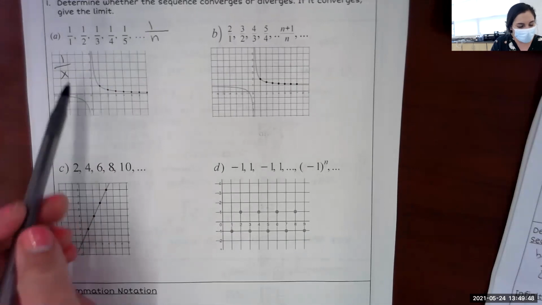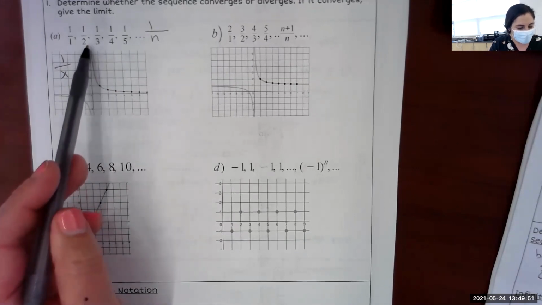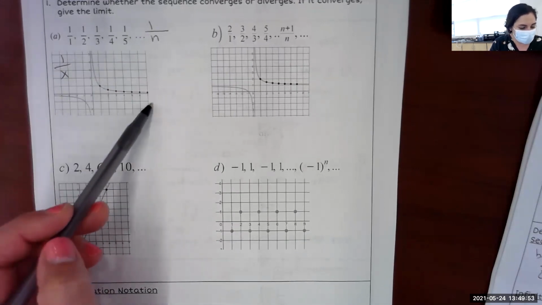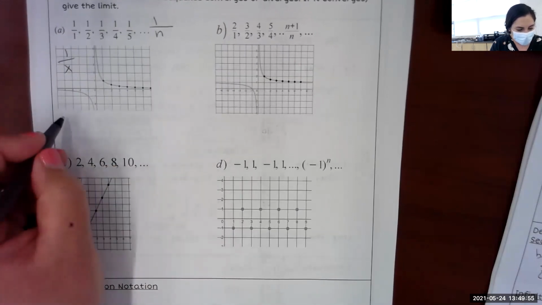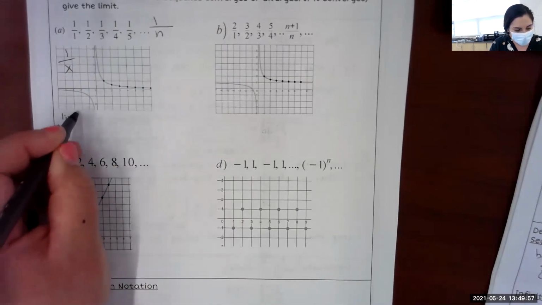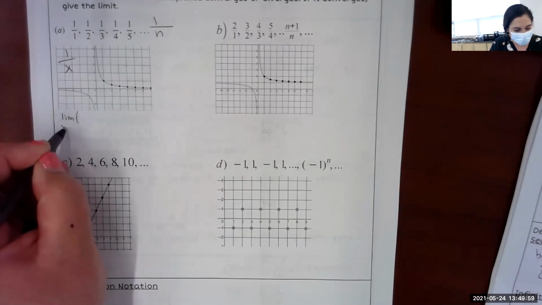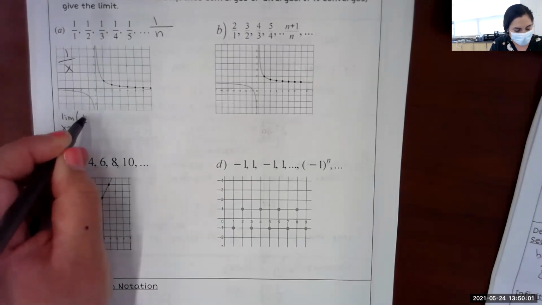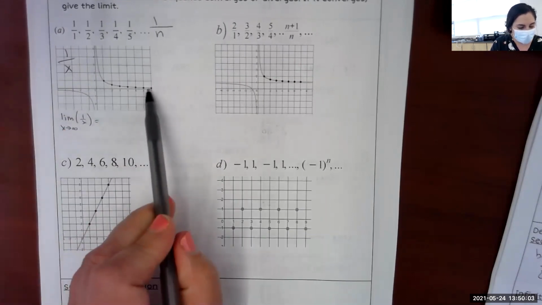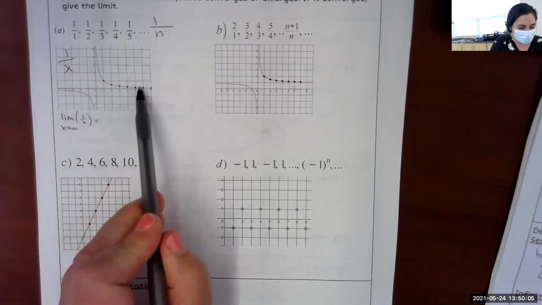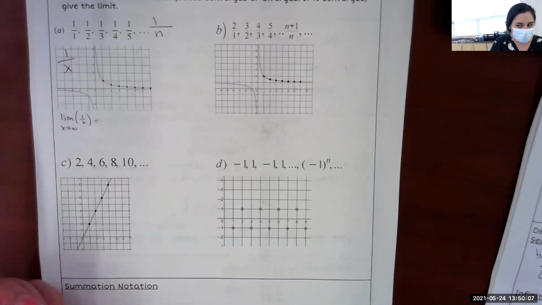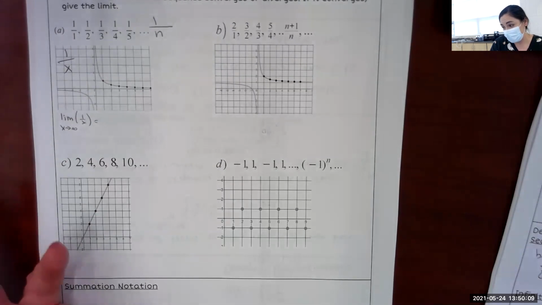Can anyone tell me, as x approaches infinity, what is happening to the function? What y value is it getting closer and closer to?